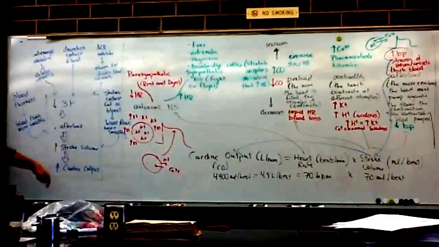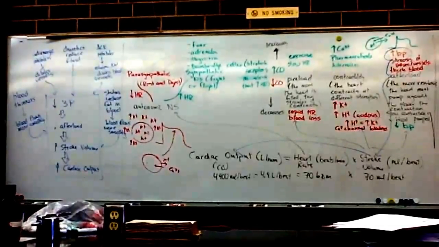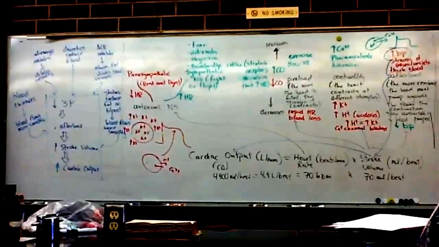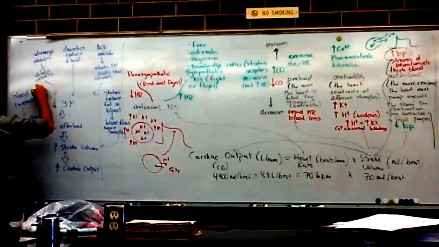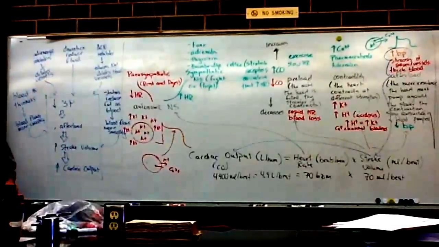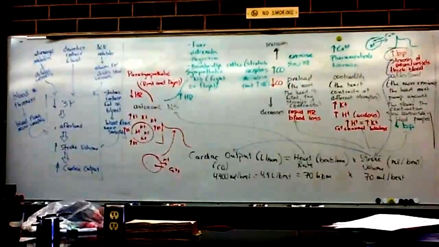So this decreases blood pressure, decreases afterload, increases stroke volume, increases cardiac output. And I will say, to be honest, for our class, I would accept that answer, as long as we put an asterisk next to it.